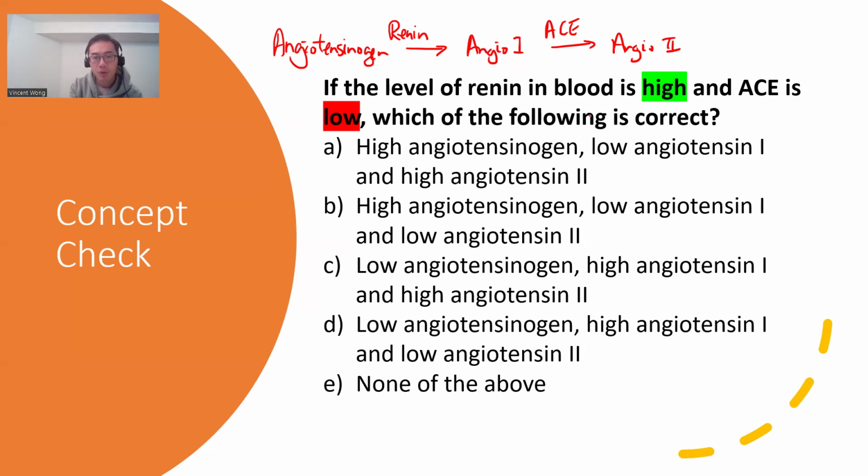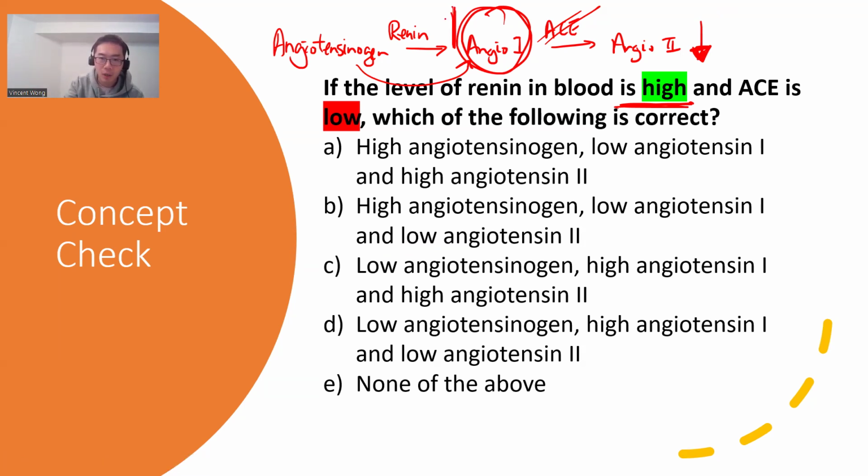Okay, so we have high renin. So that means angiotensinogen is going to get converted into angiotensin number 1. That's no problem. But we have low ACE, right? So basically it's very little. So angiotensin 1 is going to be stuck. I mean, some will get converted, but we don't have enough ACE. So we will not be getting a lot of ANGII. That's why there is going to be low angiotensin number 2, because we don't have enough ACE.